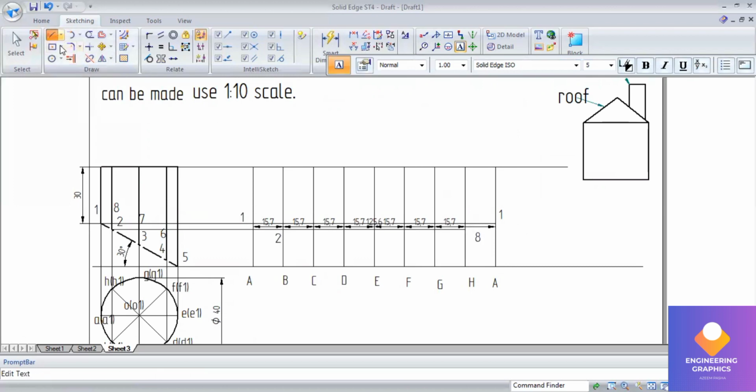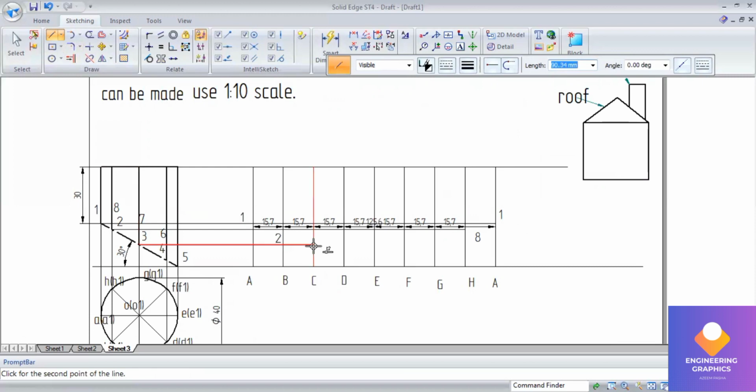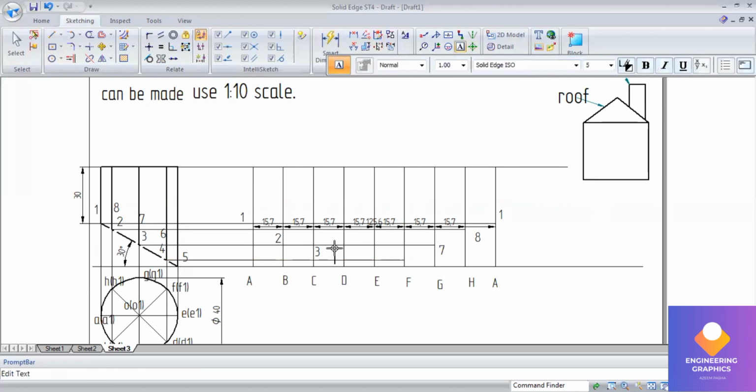Now from 3 and 7, 3 is on the vertical line C and it should be extended till G, and this is your point 3 and 7. 4 and 6, 4 on D and 6 on F. This is your 4, this is your 6, and this is 5.